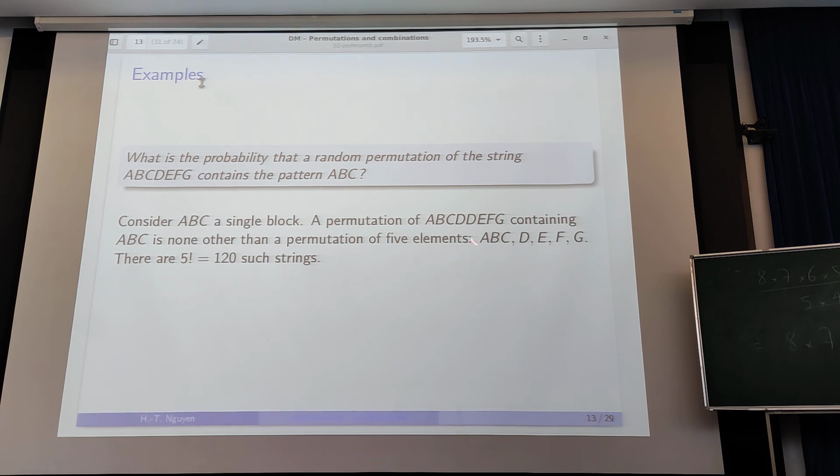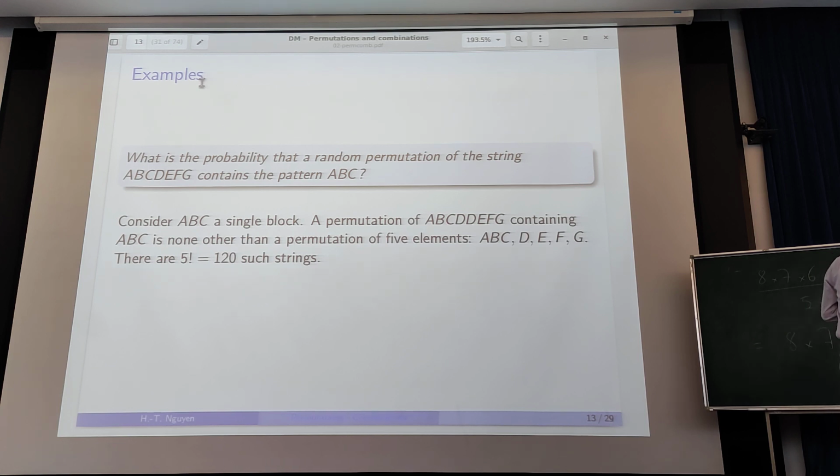So if we mix these 5 elements, then we can get 5 factorial, which is equal to 120 strings. So this is the number of strings made of 7 letters that contains the pattern ABC.